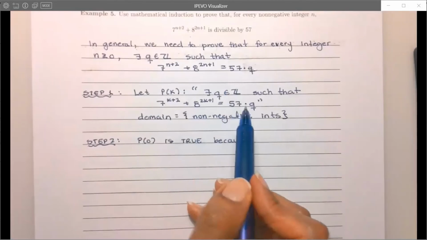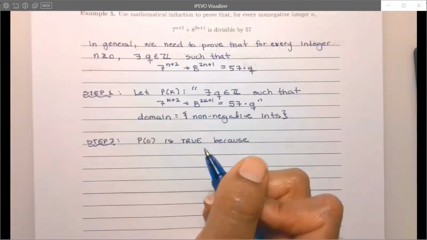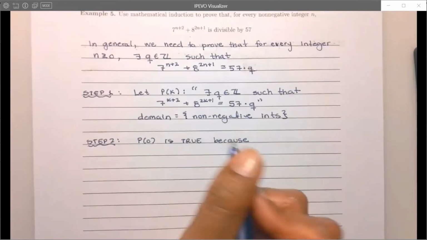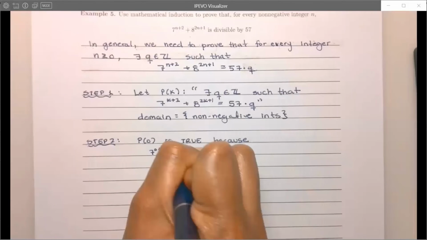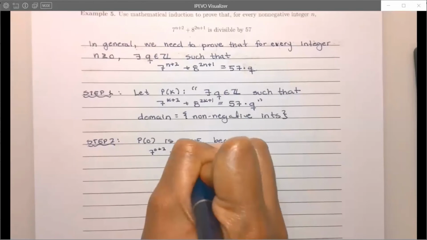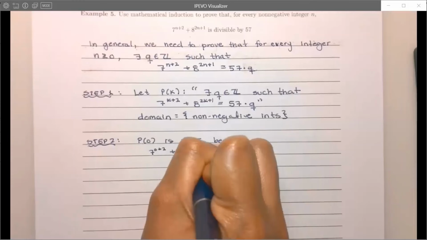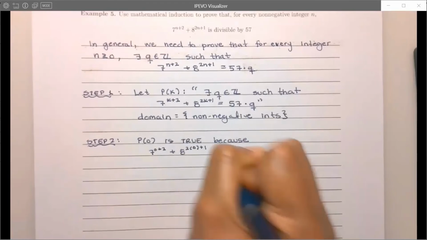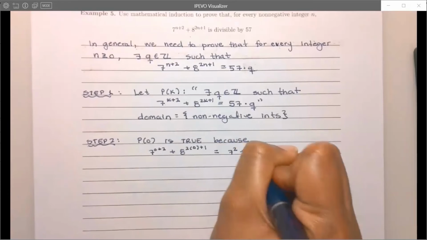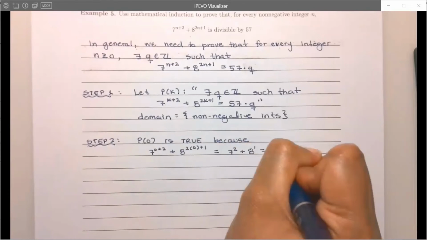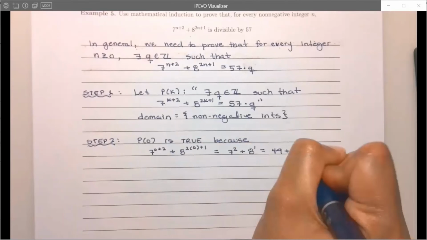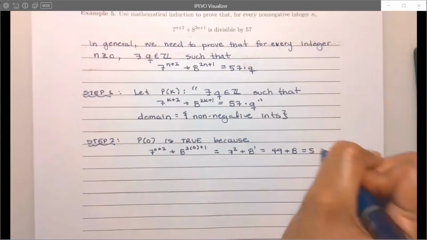Yeah, so let's check what that gives. That is true because 7 to the 0 plus 2 plus 8 to the 2 times 0 plus 1 is equal to 7 squared plus 8 to the 1, and that'll be 49 plus 8, which is 57.